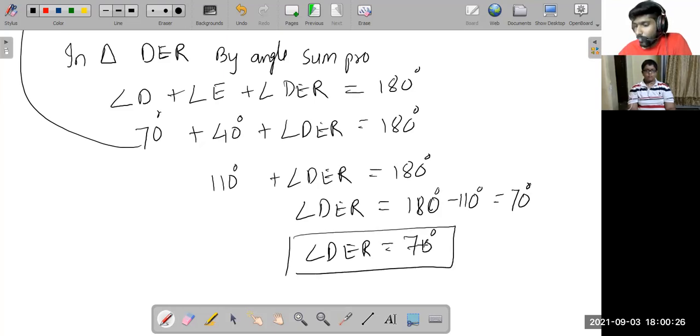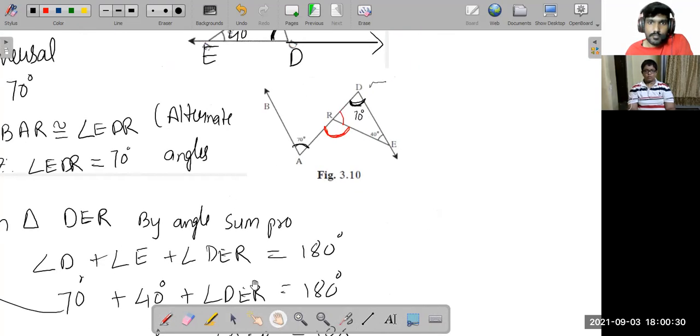Now, how to find out this angle? This we got, this is also 70. How about this one?